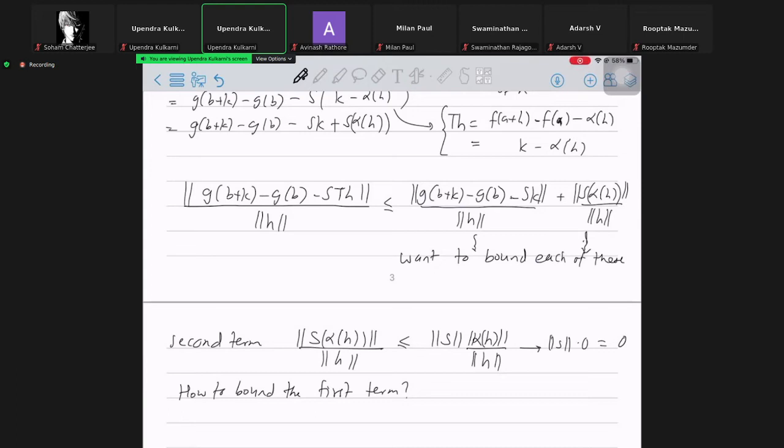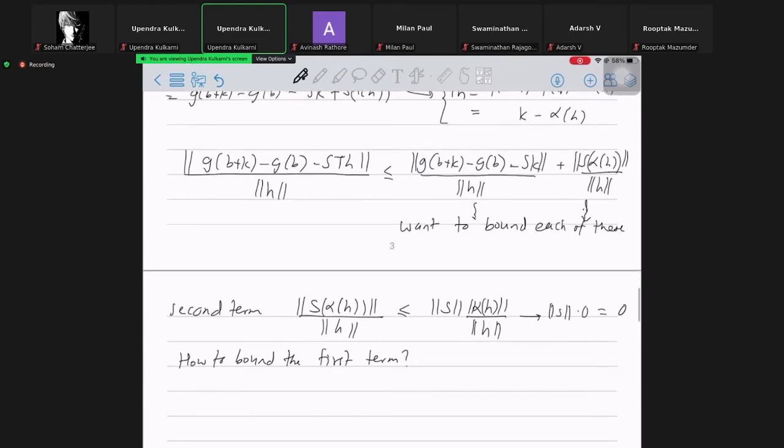But the idea is the following. Okay. So what is the first term? Remember, this was the term beta of k divided by norm h. That's what we had.